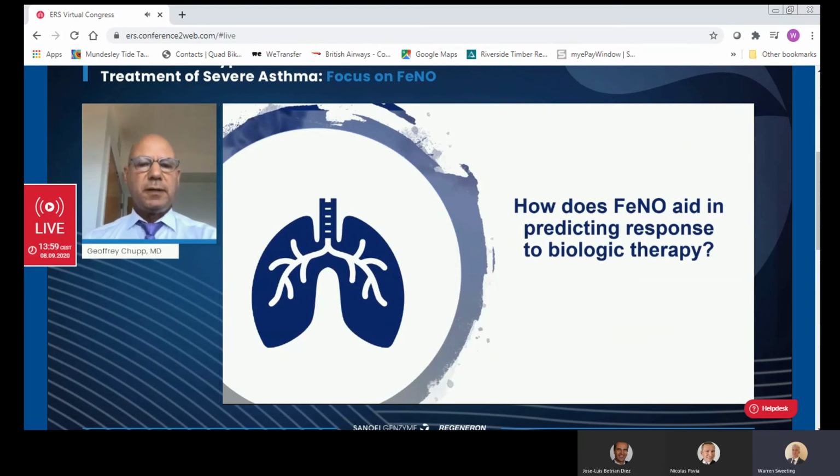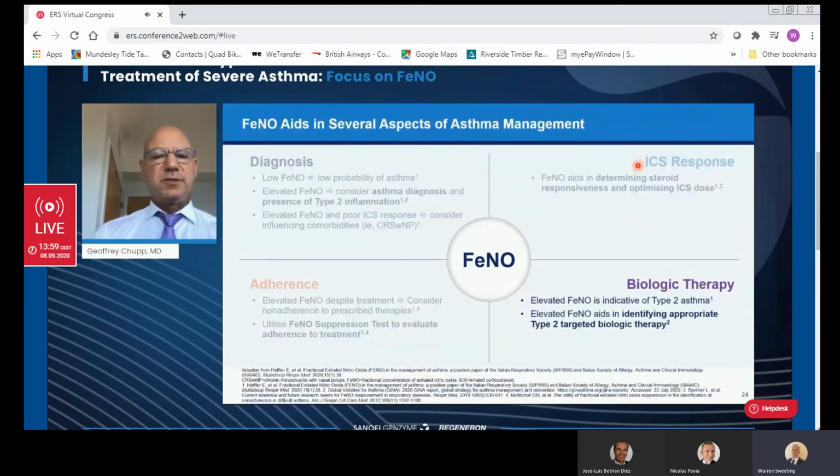I think it would be valuable at this time to revisit the slide that shows the value of exhaled nitric oxide in the management of asthma, and really review some of the data that shows the relationship of exhaled NO and clinical response to biologic therapy in some of the pivotal trials.